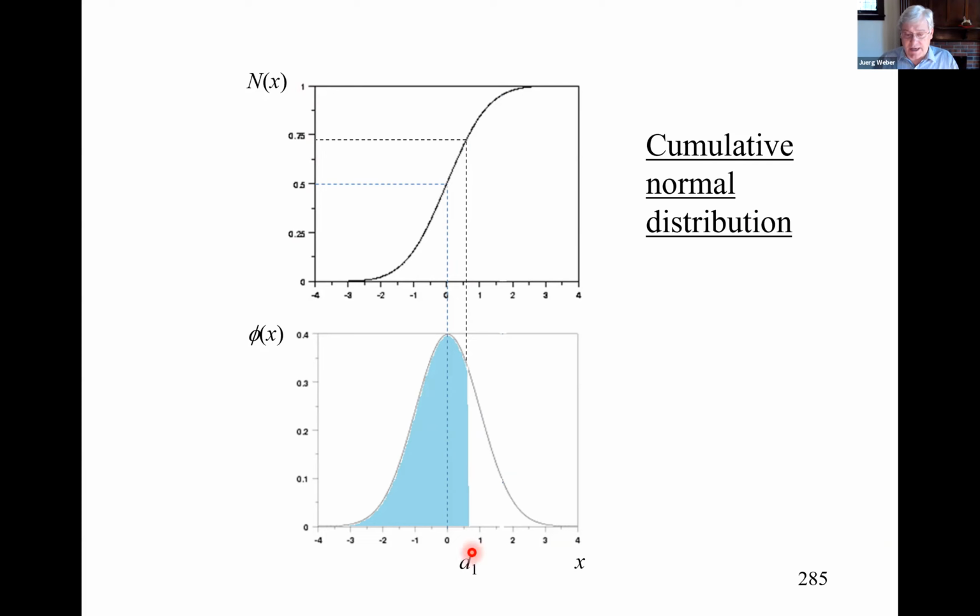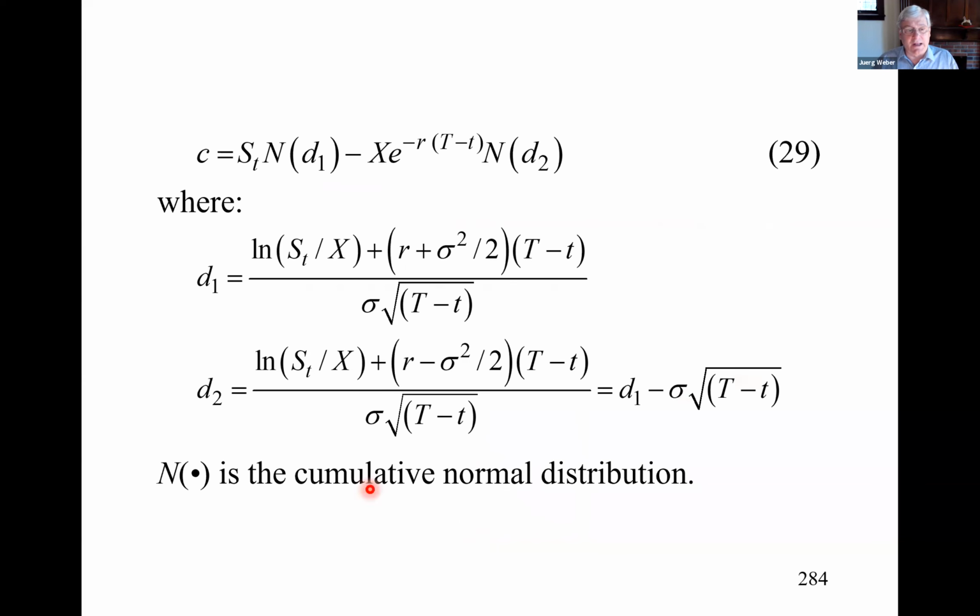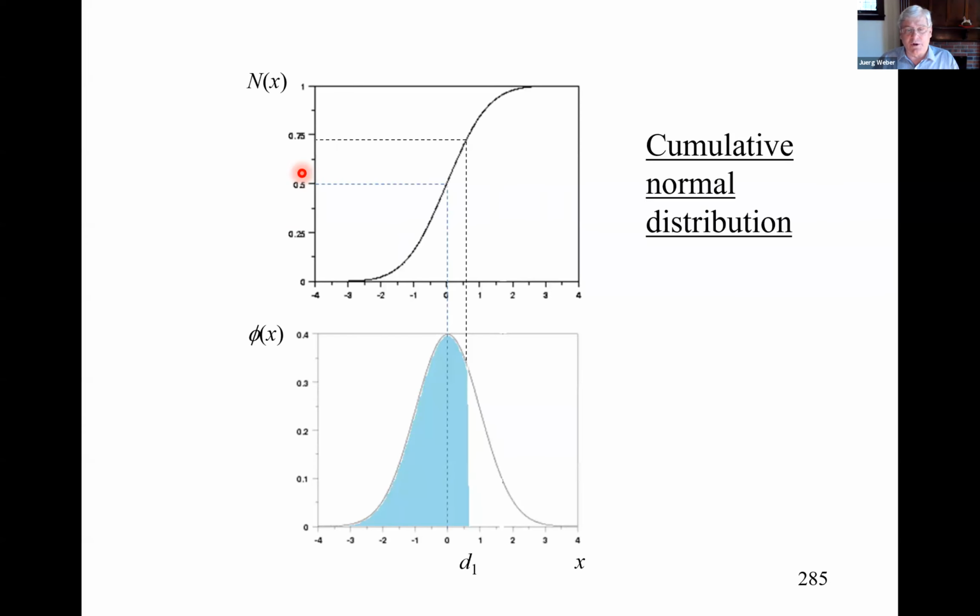So you calculate this D1 value. You put it into the cumulative normal distribution. You get the function value of the cumulative normal distribution, maybe 0.74 here.